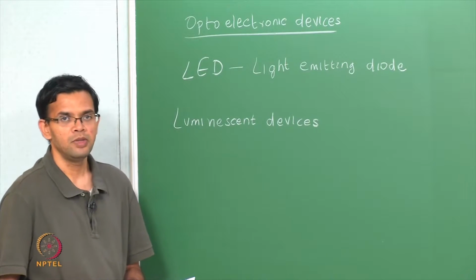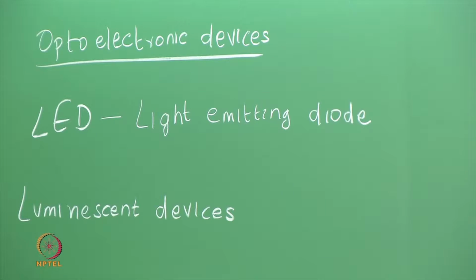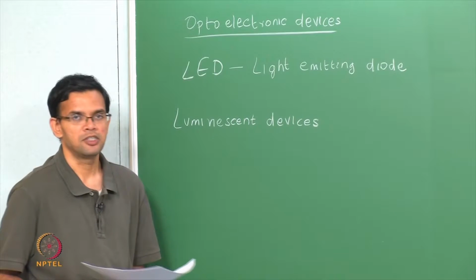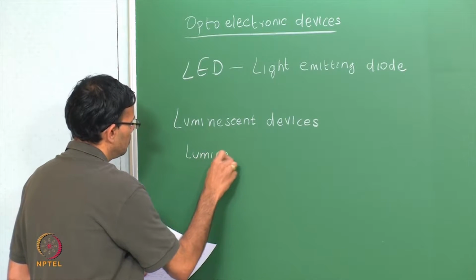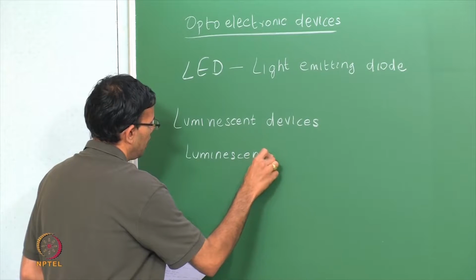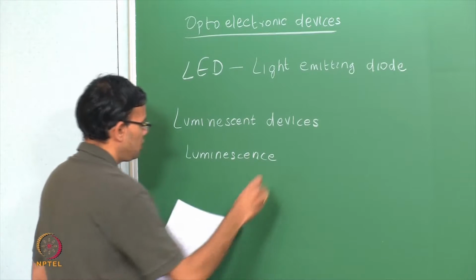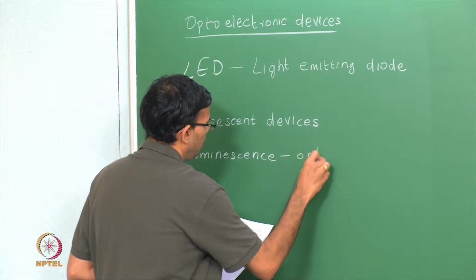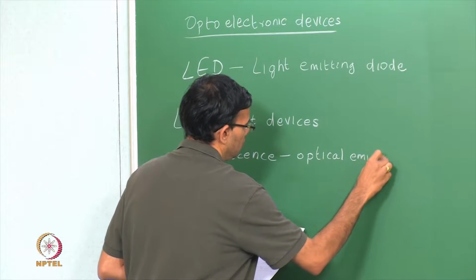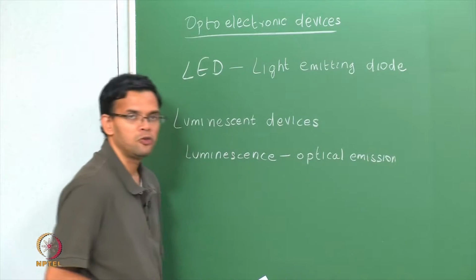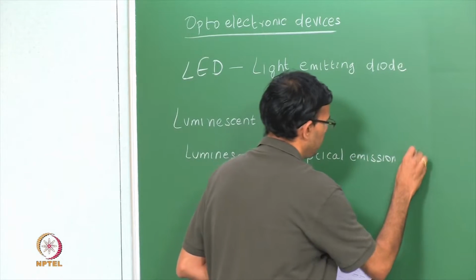We can define luminescence as where we have optical radiation that is emitted because of electronic excitation. So, we will just write a working definition of luminescence. This is optical emission due to electronic excitation.